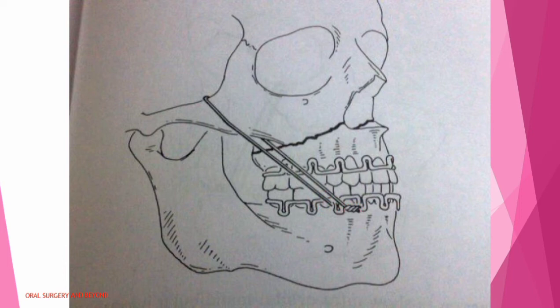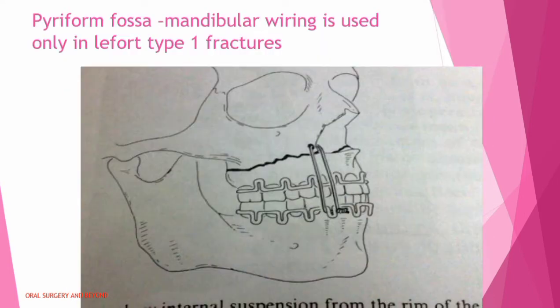Nowadays we do not use circumzygomatic wiring so frequently. Mostly we do IMF wiring. Here a pterygoid fossa and mandibular wiring is also used in Le Fort 1 fracture to stabilize the fracture segment. Here the pyriform fossa is used for circum or transosseous wiring.